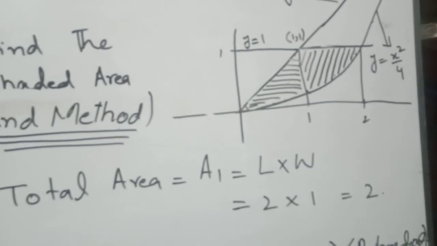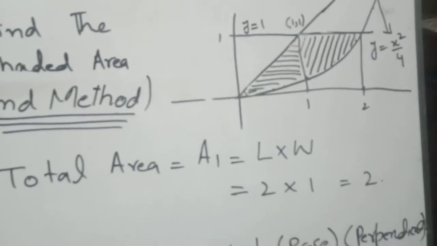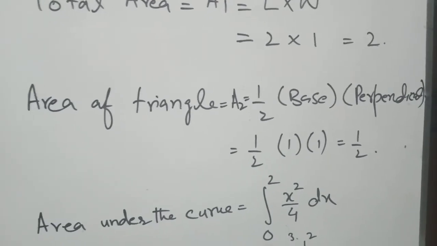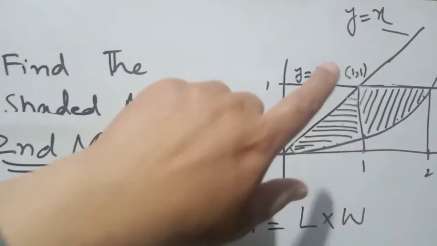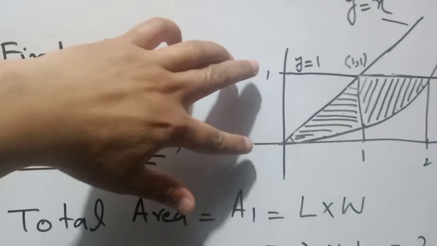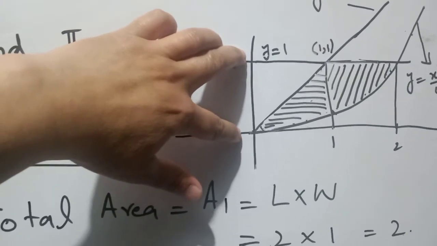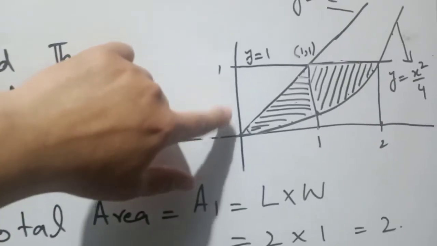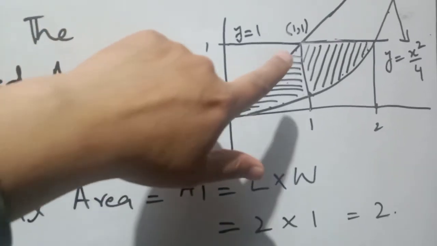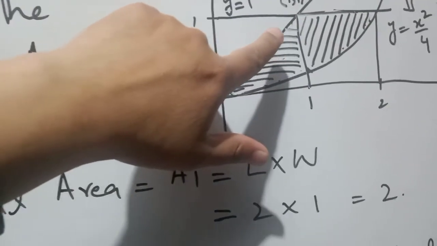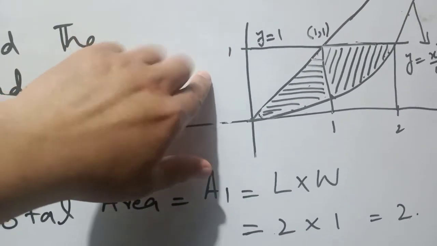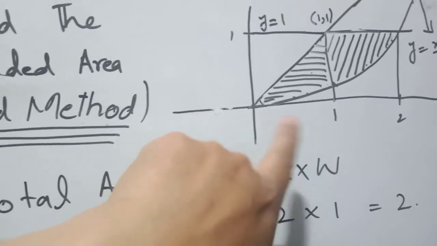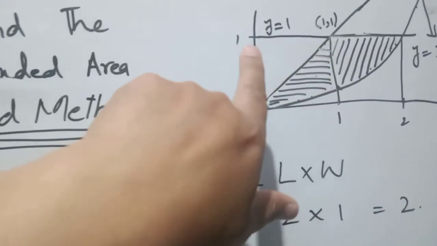For the subtraction we are going to calculate these areas, and here is the area of the triangle. Consider this side as the base, so the length is 1, and consider this side as the perpendicular, which is parallel to this side, and its length is again 1.